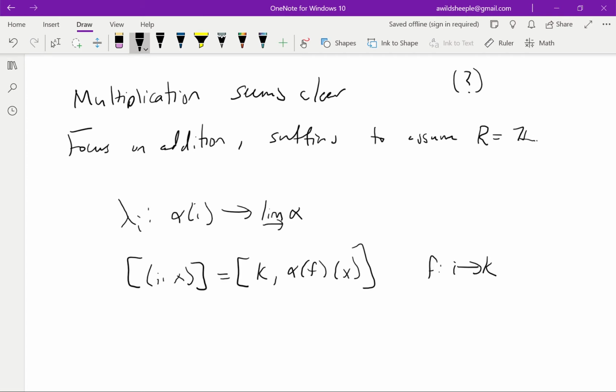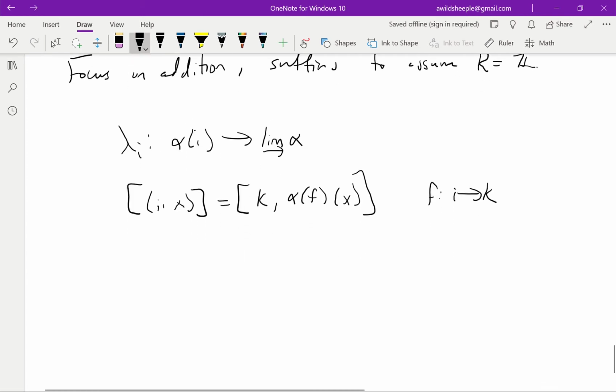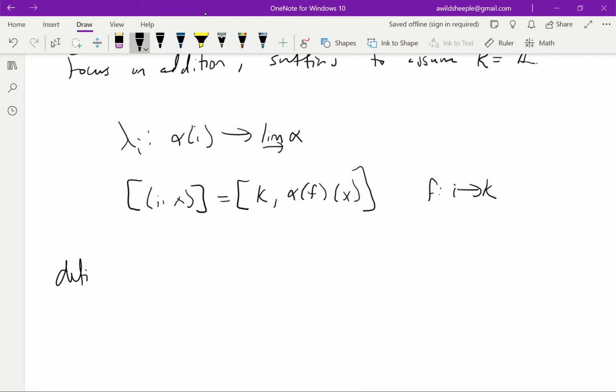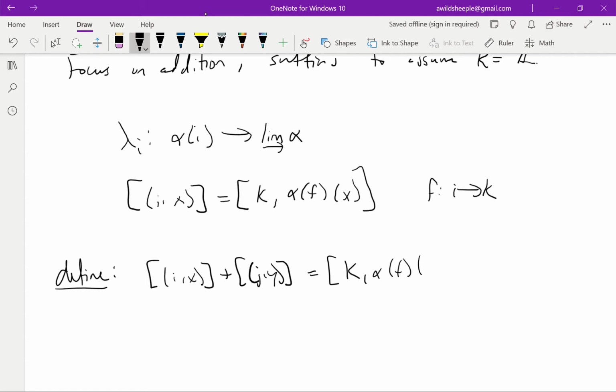And so with a pair of such classes, we're going to define the addition as follows. We write (I, x) plus (j, y). This will be (k, alpha f of x plus alpha g of y).